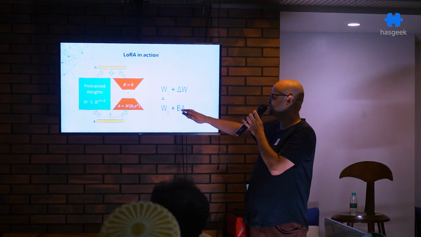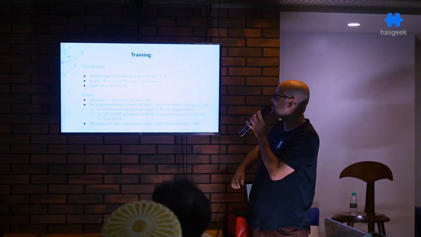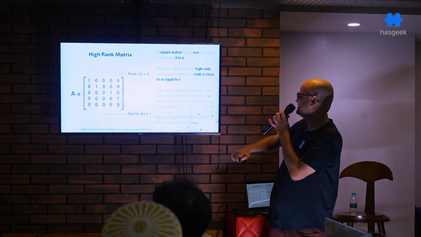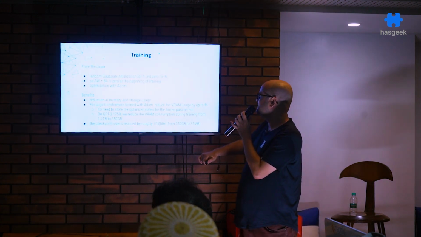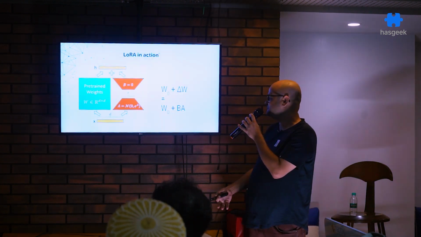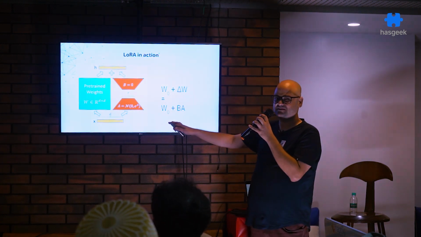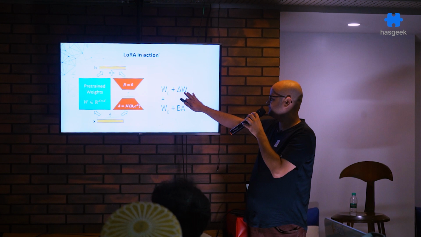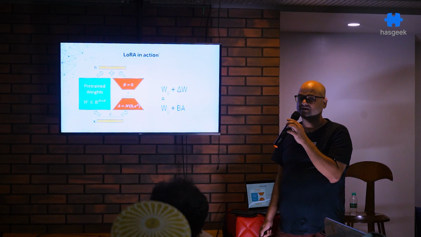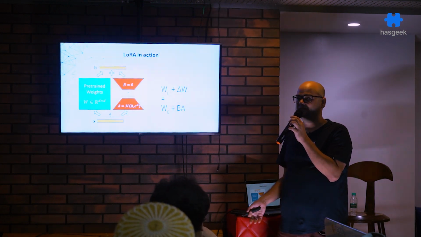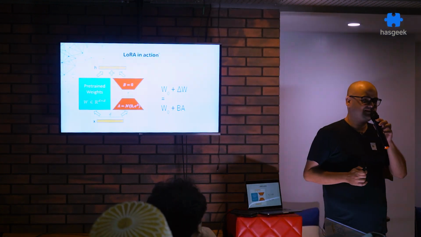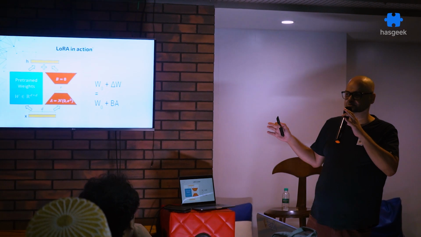So the low rank hypothesis is that we don't have to train the whole thing, we have to train only the update, and that update we can decompose as a low rank matrix and simply train that, right? That update was really large in size, but we don't need to train all of it.